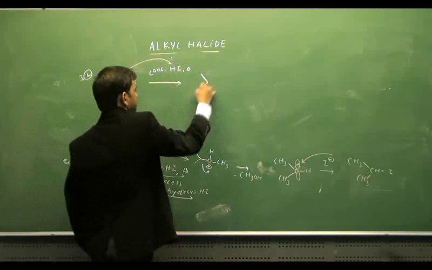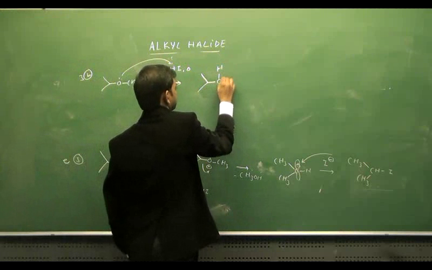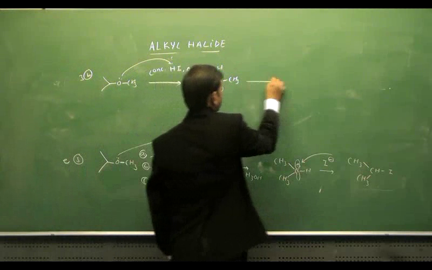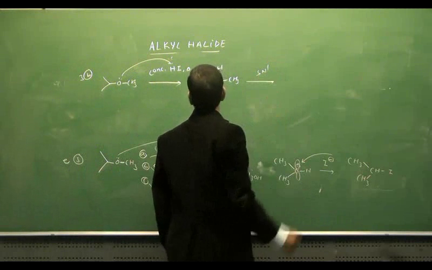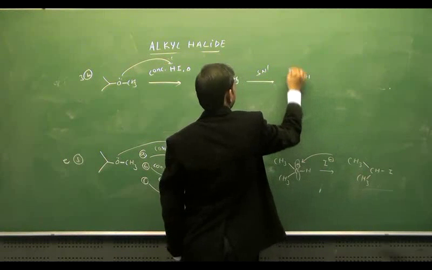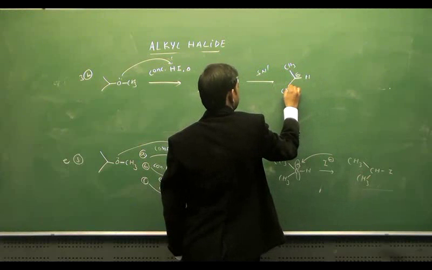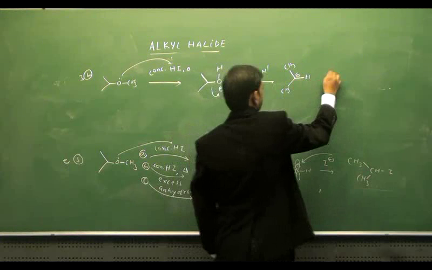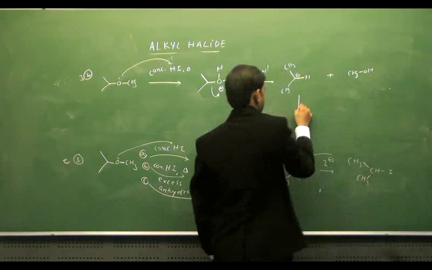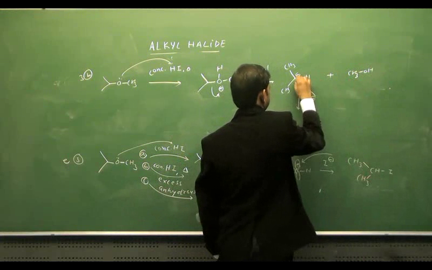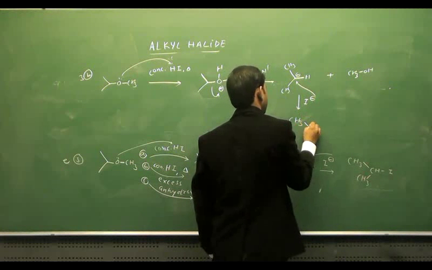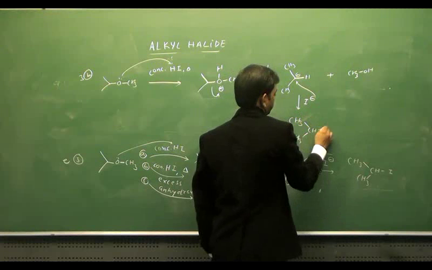First it protonates and it gives bond breaking, that is SN1. Trigonal planar carbocation intermediate and CH3OH. This carbocation is attacked either from front or back, because it is not chiral, so it gives 2-iodopropane.